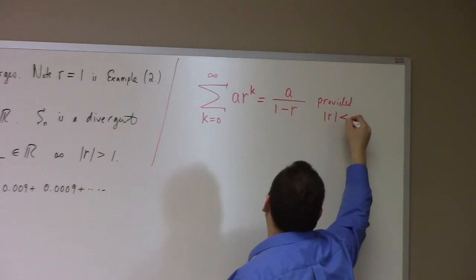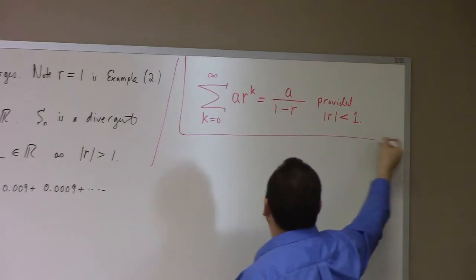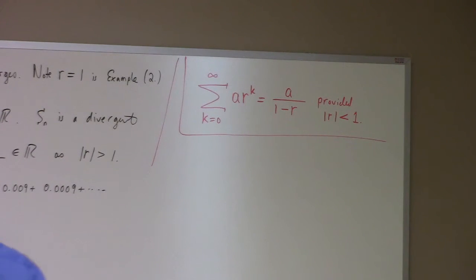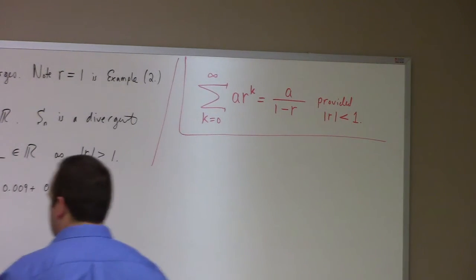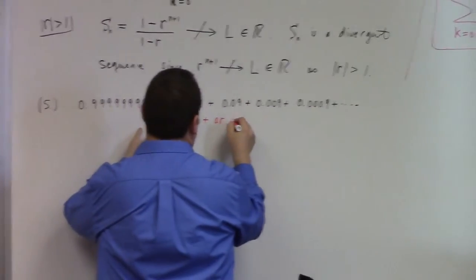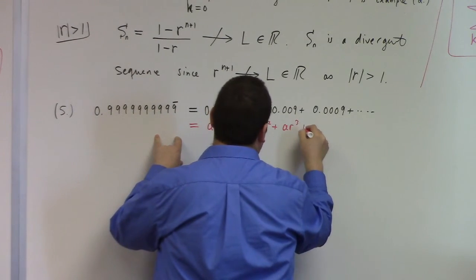We need the absolute value of r is less than 1, right? So this is the full version. I can look at this as a plus ar squared plus ar cubed plus dot, dot, dot.